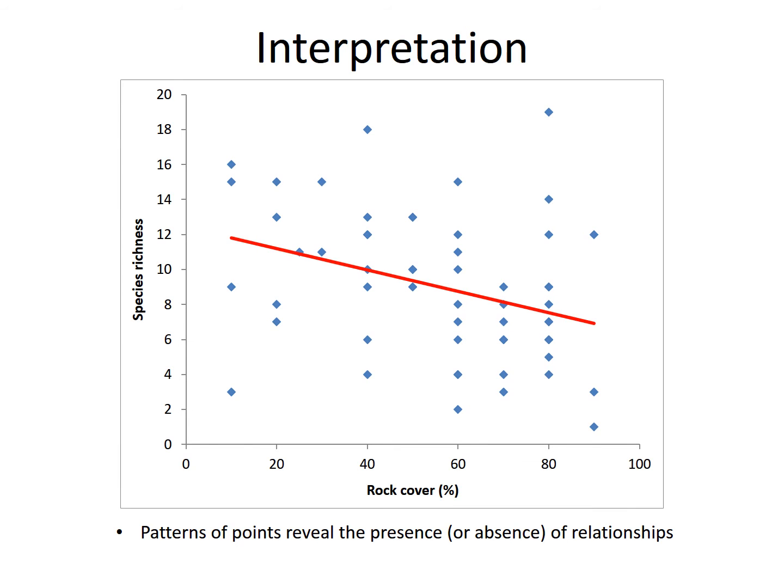Now the way we would formally test this is by adding a regression line to the plot, and this is showing the trend in the data, and you see that it's a negative trend. As rock cover increases, species richness decreases. So here we have a visualization of a continuous response and a continuous predictor, and what we need next is then the statistics to show whether this is a relationship that could happen just by chance, or whether this is something that we are confident about.